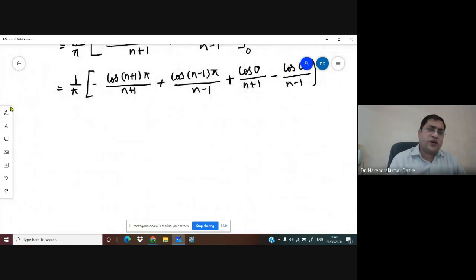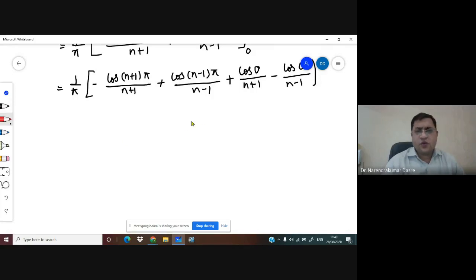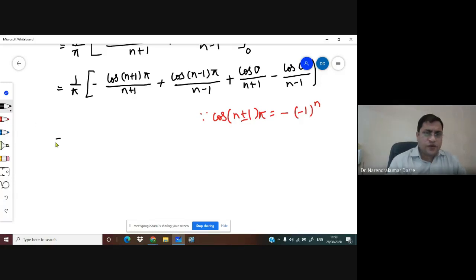Now we got this one. So here what we know is, since cos of n plus or minus 1 pi is equal to minus 1 raised to n, that's why we can write this as minus of minus 1 raised to n, and hence we get 1 upon pi. Already we have a minus and we get a minus here, so this will become minus 1 raised to n upon n plus 1.